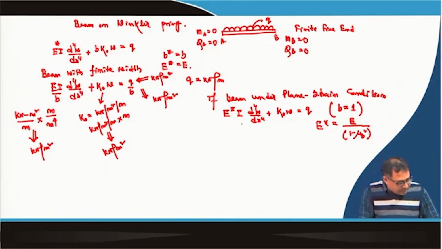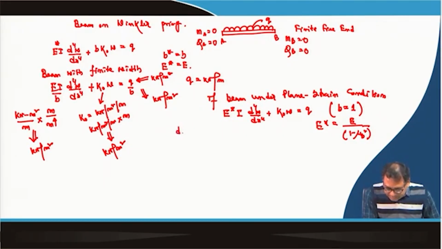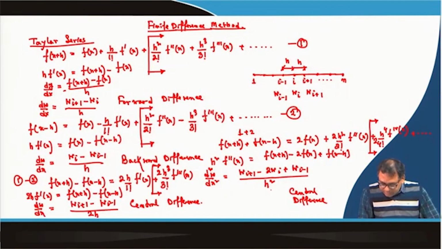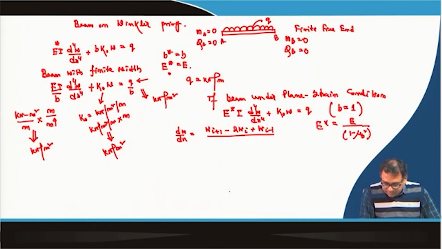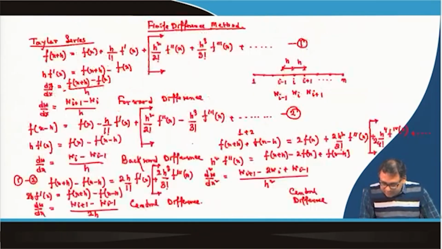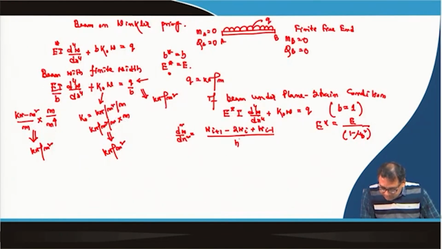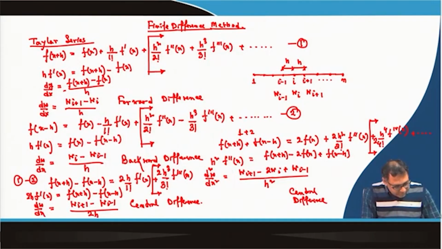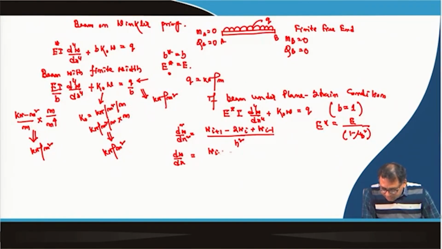So, my equation is this one, and then similarly we can express the derivatives for the finite difference scheme. d square w/dx square is wi plus 1 minus 2 wi plus wi minus 1 divided by h square, and dw/dx is this expression: wi plus 1 minus wi minus 1 divided by 2h.